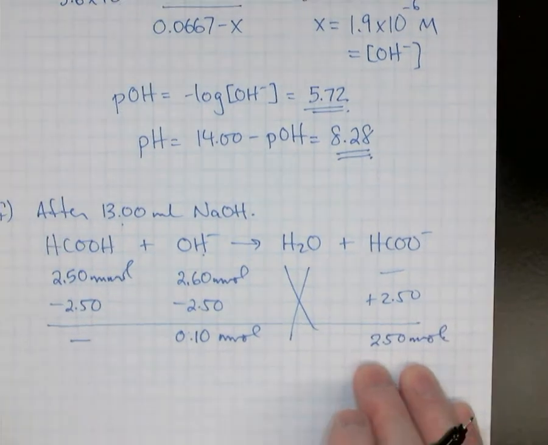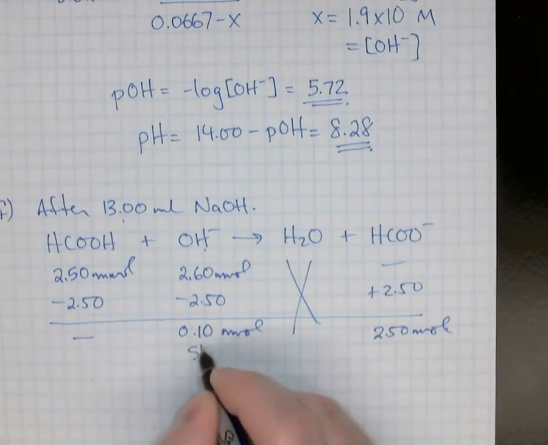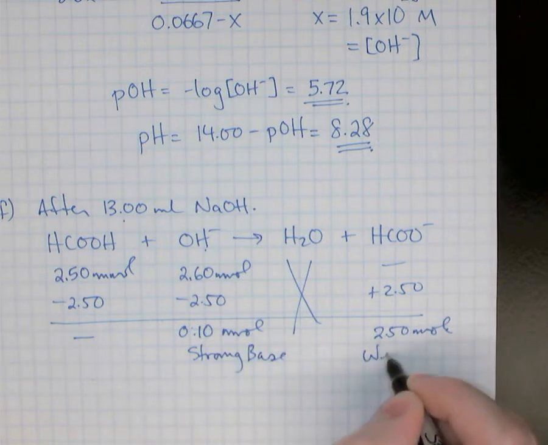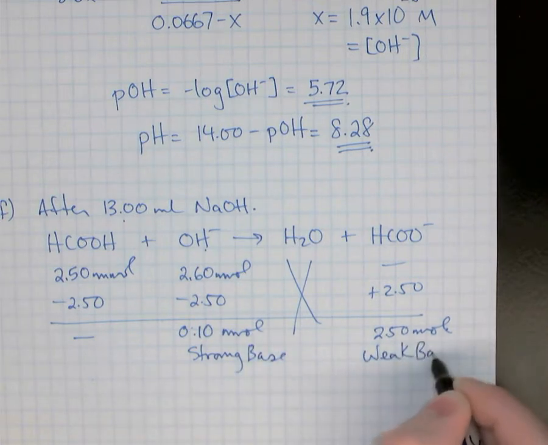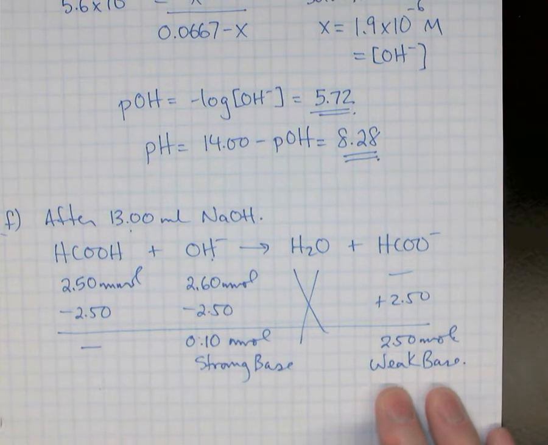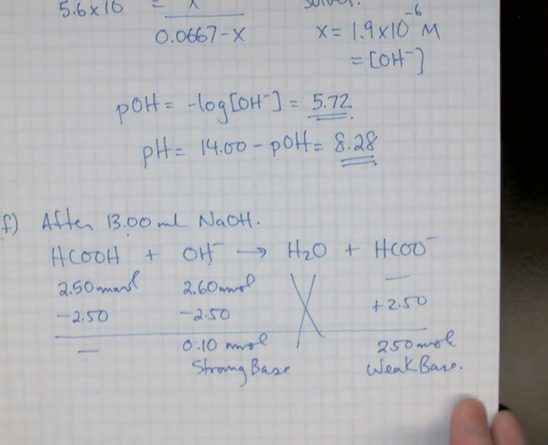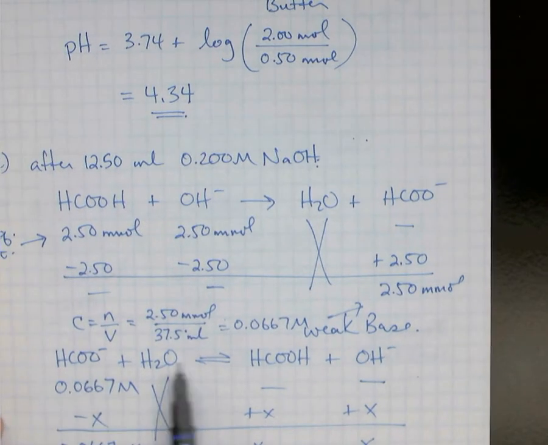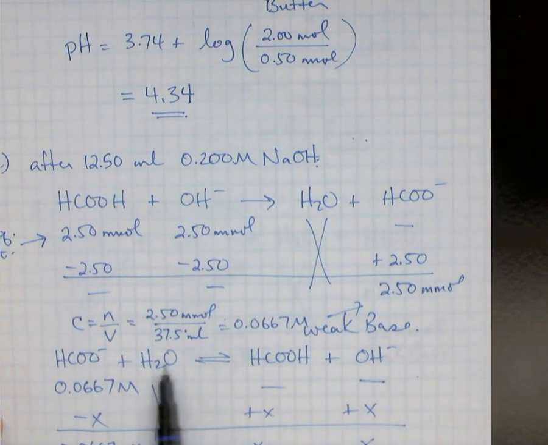So we have right now a mixture of strong base and weak base. Now you have two choices here to go forward. There's a fast way and there's a long way to solve this. The longer way would be to set up your Kb reaction again, like we have down here.